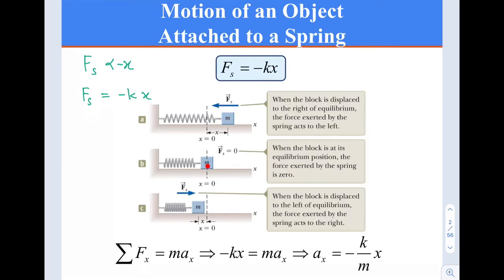Based on the law of inertia, the block is going to proceed to move to the left until it reaches negative x. Whenever it reaches negative x, the Fs is now going to be to the right, opposite to the displacement to the left.